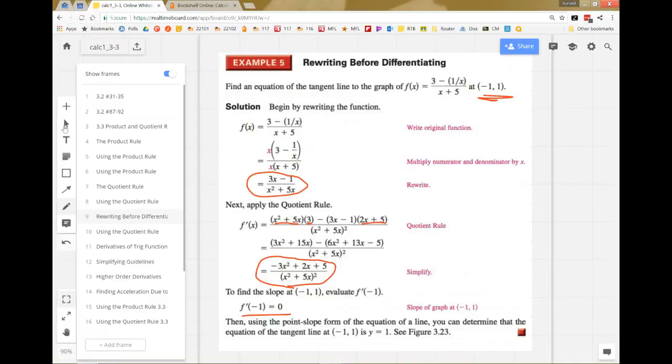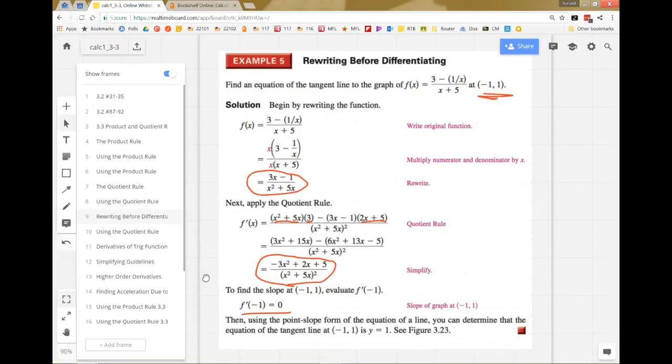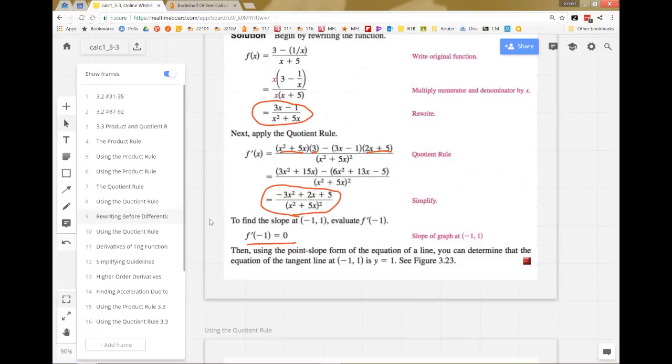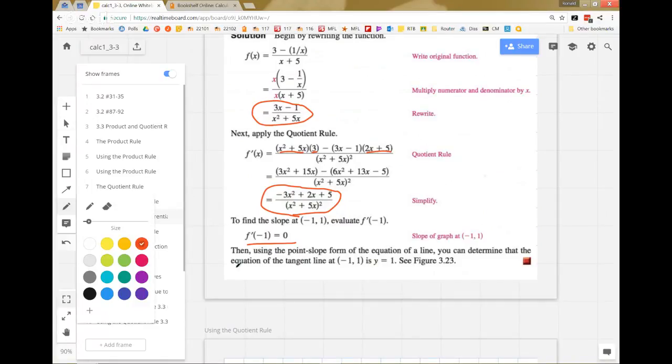tangent line. And so now they talk about the point slope form, but I would just go back to what you know with the mx plus b. Plug in your slope of 0. And now plug in your point. Negative 1. Let's see, 1.